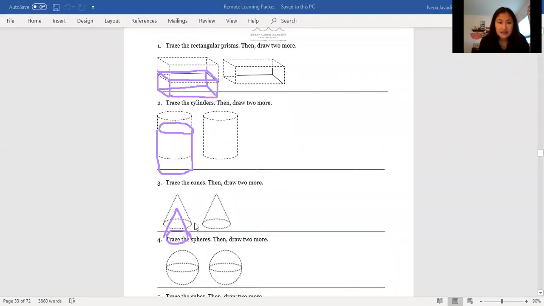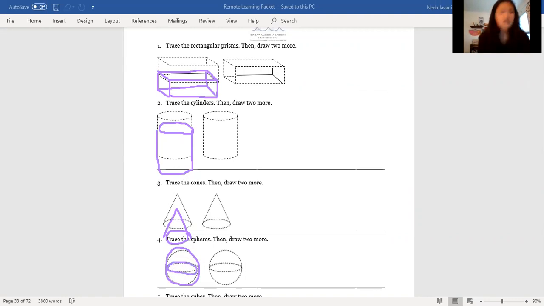So the sphere, in order to trace that one, what you're gonna do first is I would make the big circular part first, like that. Then do the little circle in the middle.